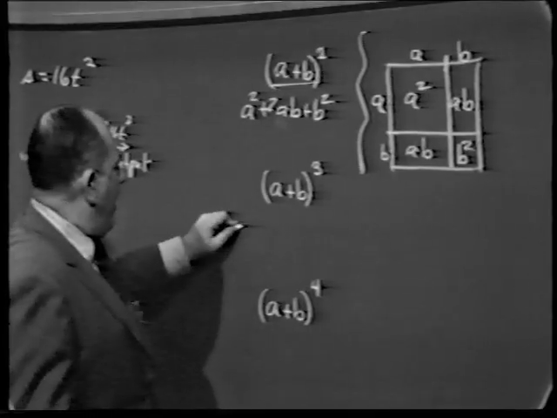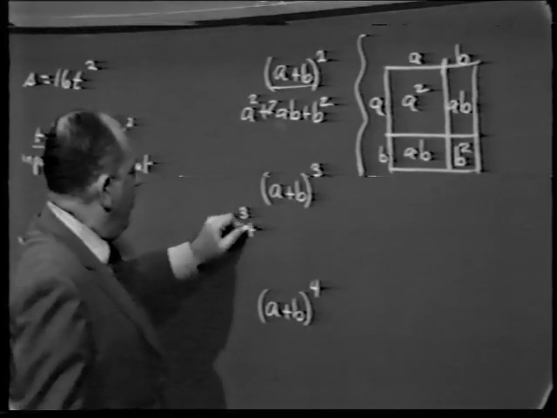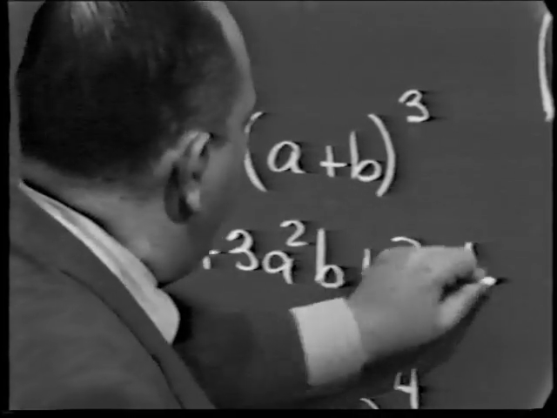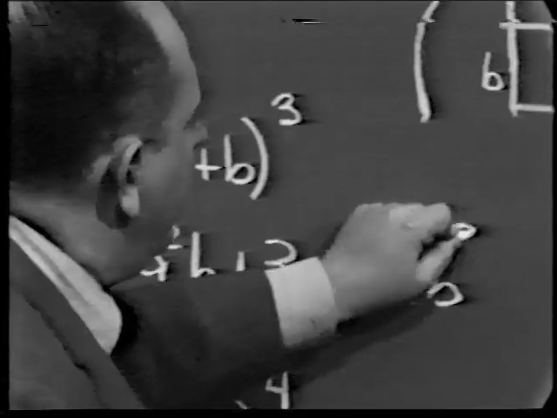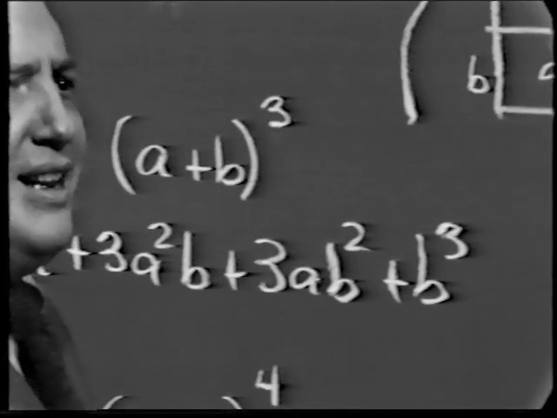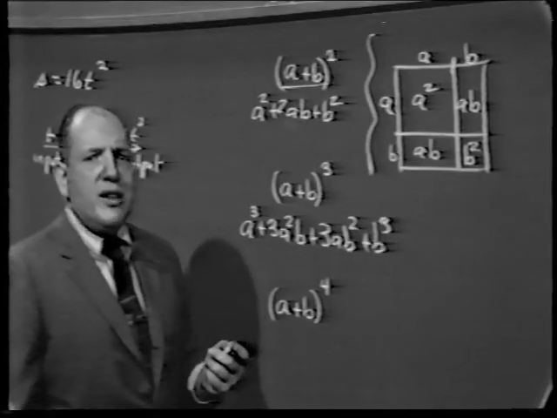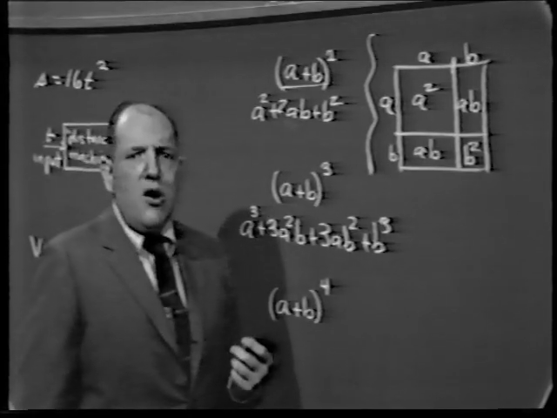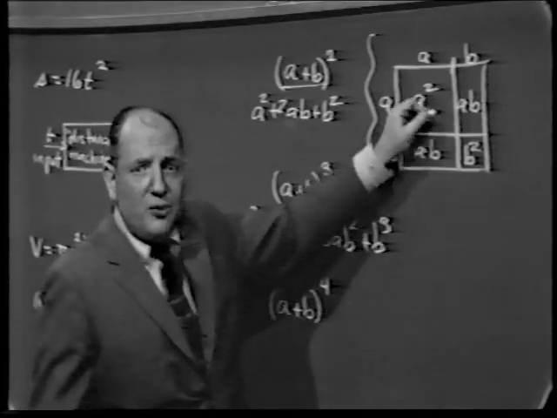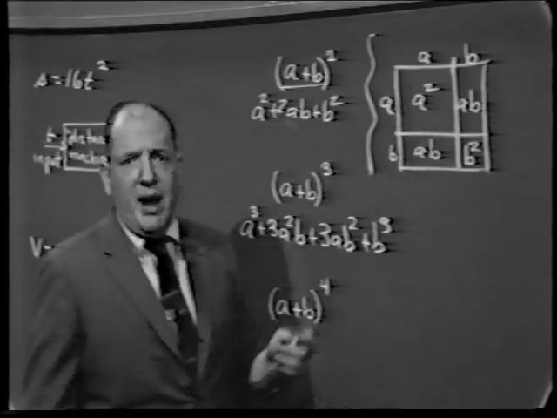Namely, it turns out that a plus b cubed is a cubed plus 3a squared b plus 3ab squared plus b cubed. And again, if we wanted to, and we won't take the time here, we could now draw a cube whose side is a plus b. Namely, we could take the same diagram that we had before and now make a 3rd dimension to it.